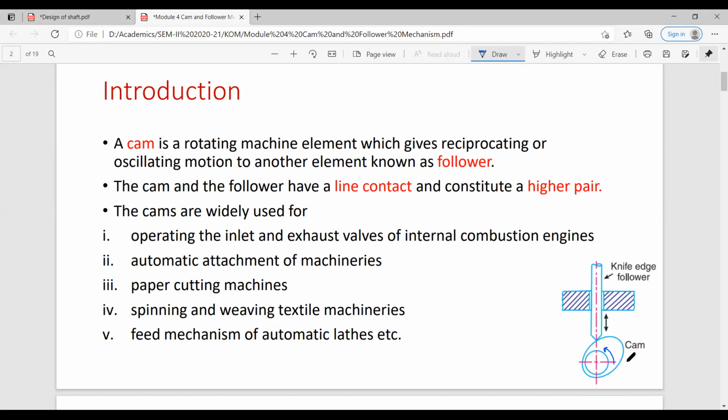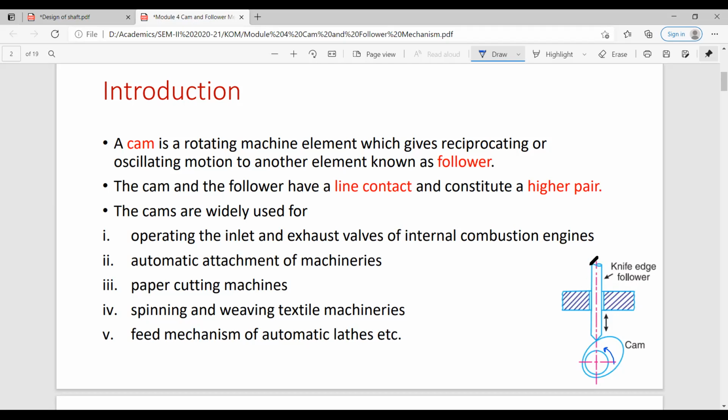Here the cam is the input element and the follower is the output element. Output is given to the follower.